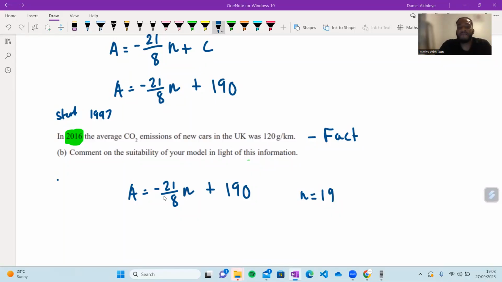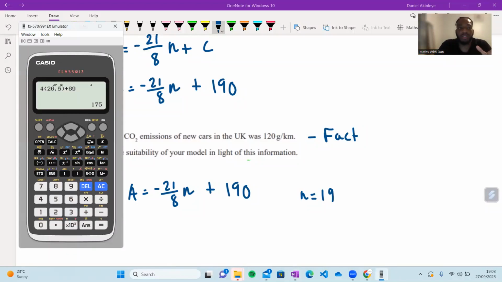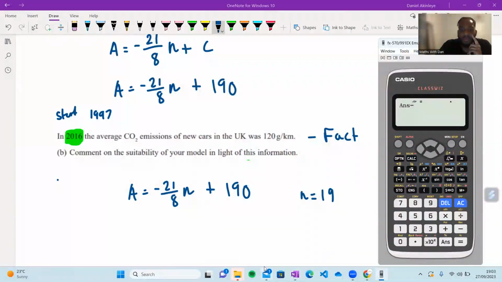And it says that it was 120. So do we agree, guys? If our model is suitable, when we plug in n equals 19, we should expect to get something of 120. Because the model is meant to be accurately modeling the average CO2 emissions in any year, we should get 120 or thereabouts. Is that reasonable to say? Okay, cool.